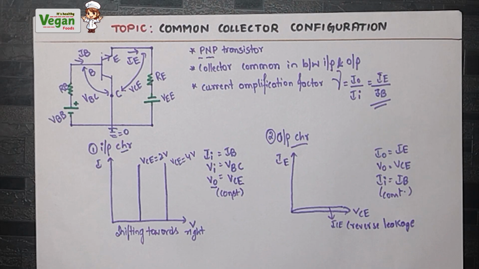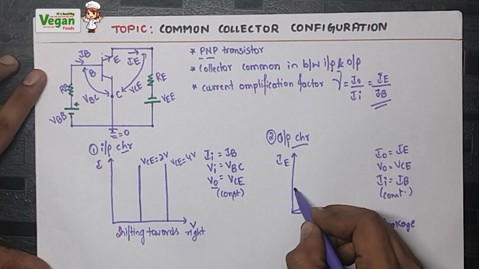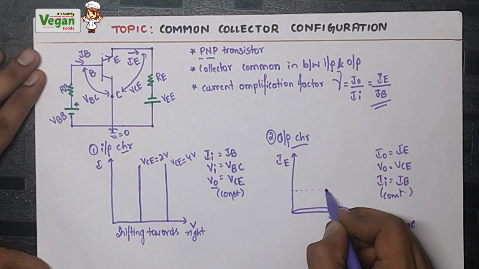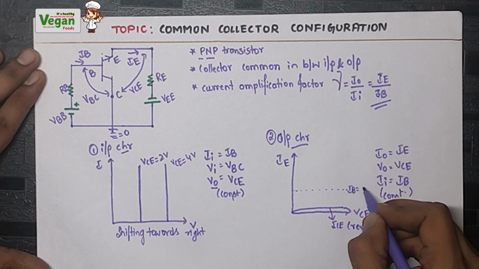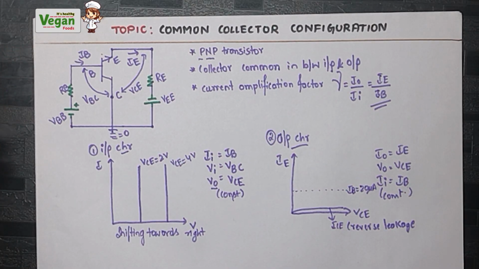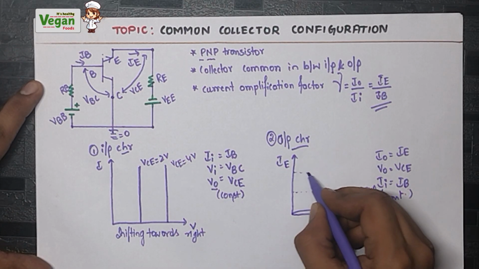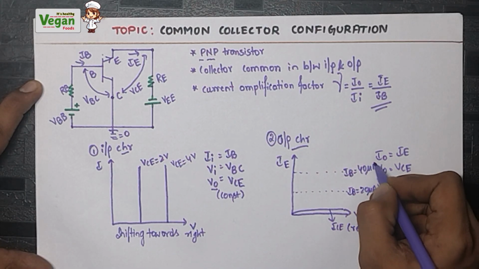Now let's increase the IB value from 0. If it is 0, no voltage will be produced. If the input constant current IB is equal to 20 microampere, let's take 20 microampere and another value as IB equal to 40 microampere.